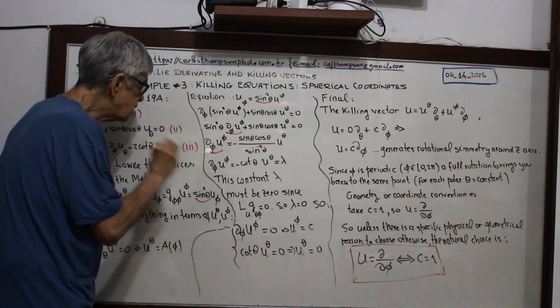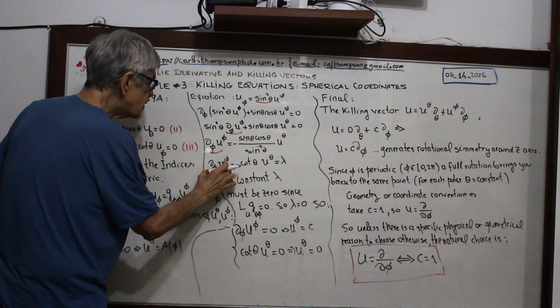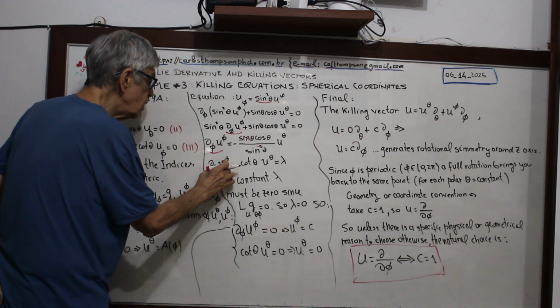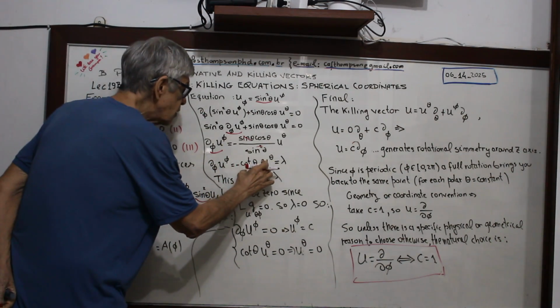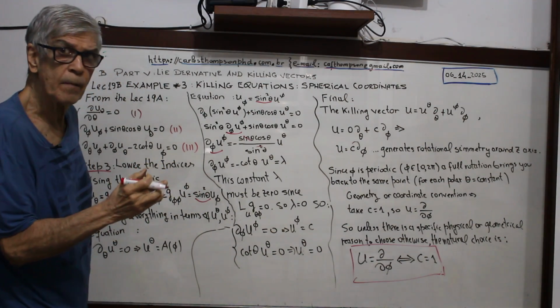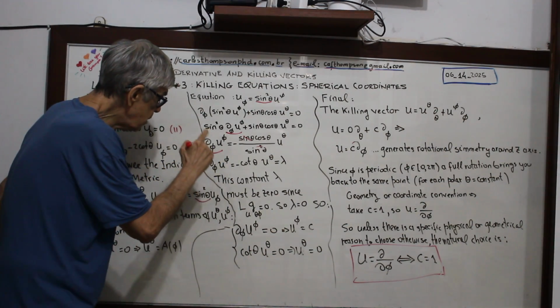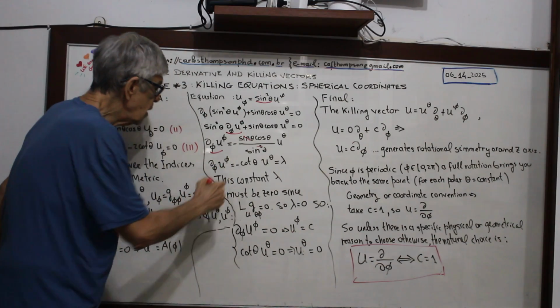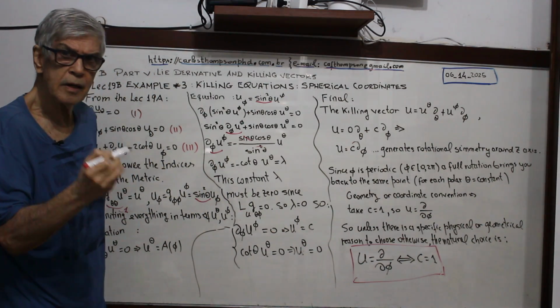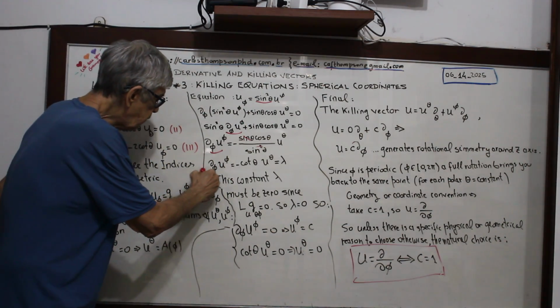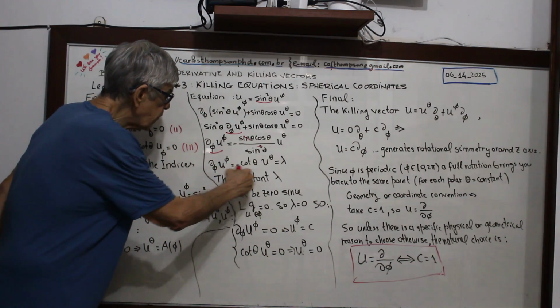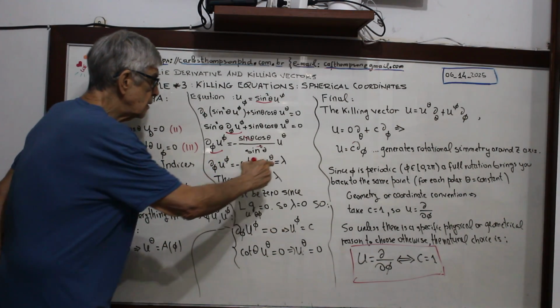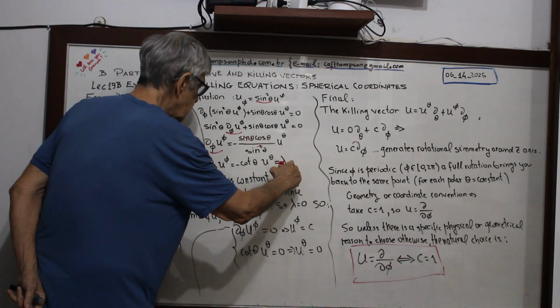That's important. The left-hand side is a function only of phi. The right-hand side is a function of theta. But they must be equal. So there is only one way to relate a function of phi equal to a function of theta: this is equal to a constant lambda.